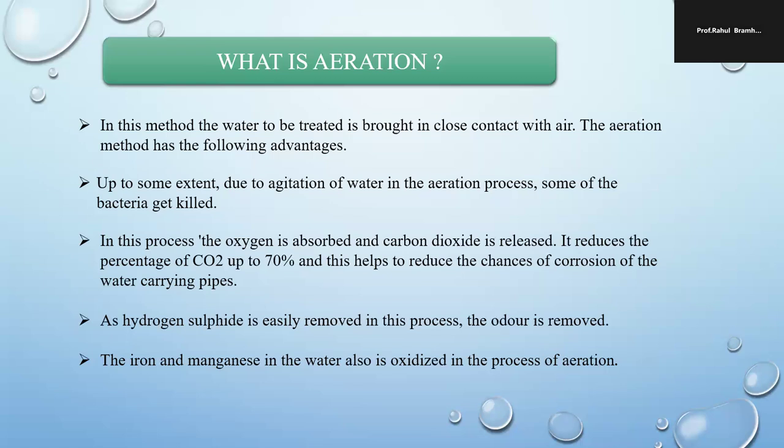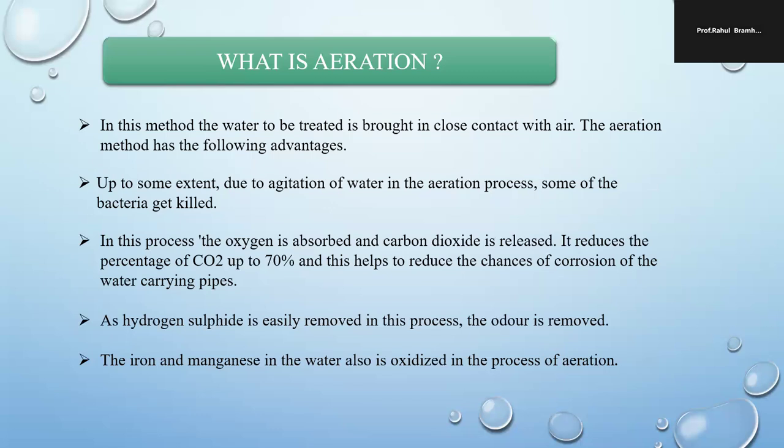In this process the oxygen is absorbed and carbon dioxide is released, and it reduces the percentage of carbon dioxide up to 70%, and this helps to reduce the chance of corrosion of the water carrying pipe. Next, hydrogen sulfide is easily removed in this process.